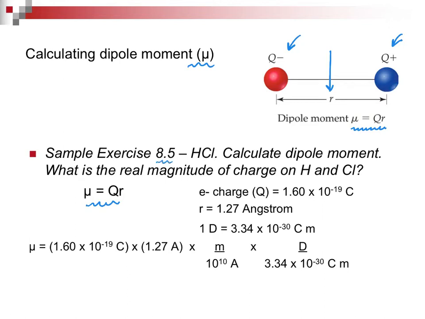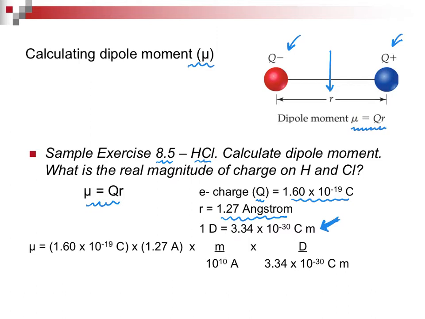I've used sample exercise 8.5 from your textbook for HCl. Here's the values you'd use in the calculation. The Q value, we'll use the value of the electron charge. We'll take an R of 1.27 angstroms, and what we really need is a conversion factor. How can we take the meters and coulombs and turn them into the debye, which is what they use to measure a dipole moment?